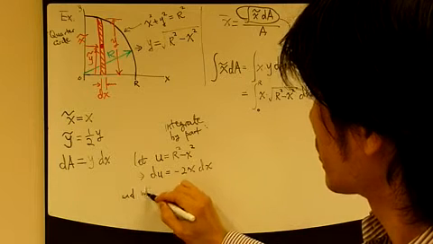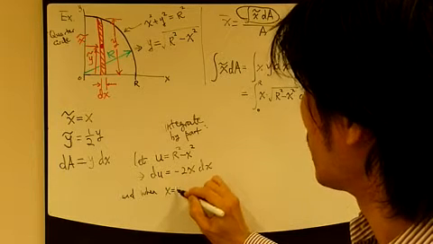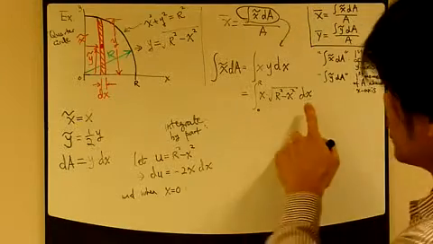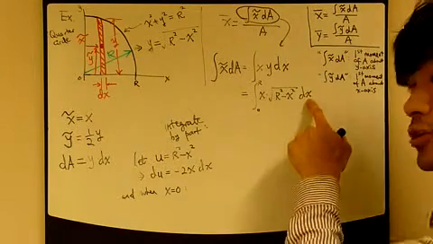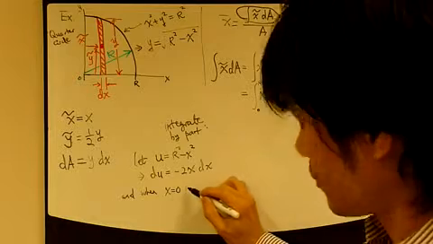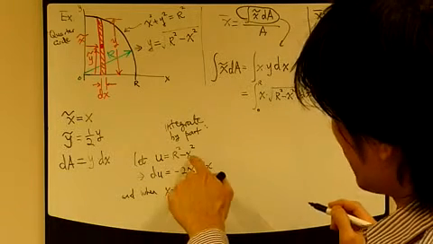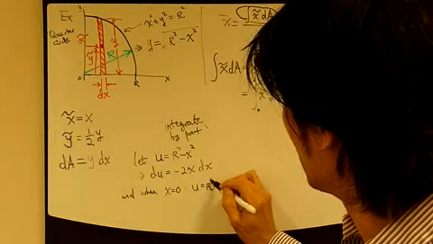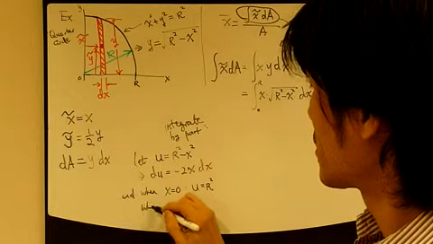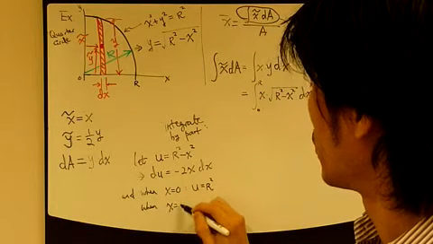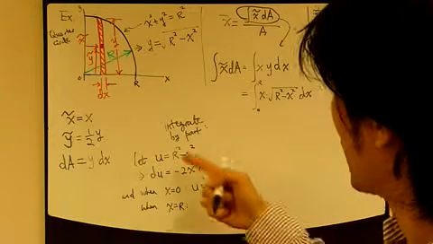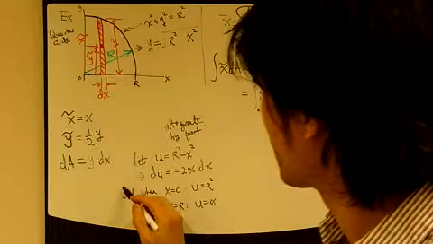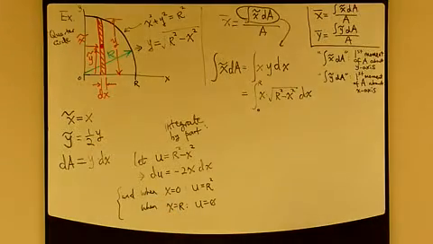So when x equals 0, what happens to u? Eventually you're going to replace x with u. So when x equals 0, just plug it in here. When x equals 0, u equals r squared. And when x equals r, what happens here? u equals 0. So that's for the limits.